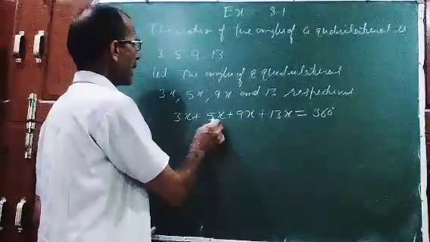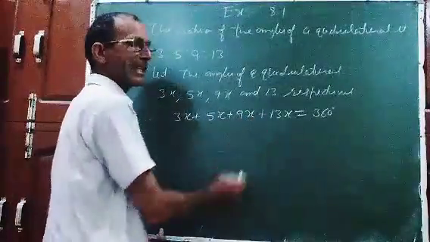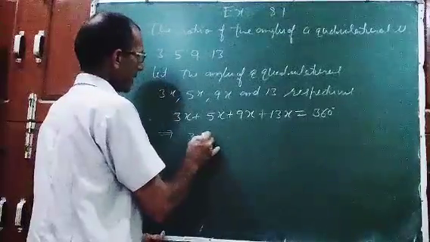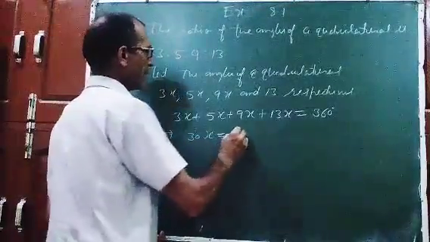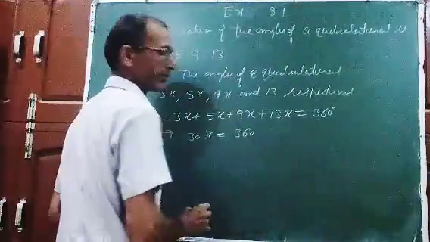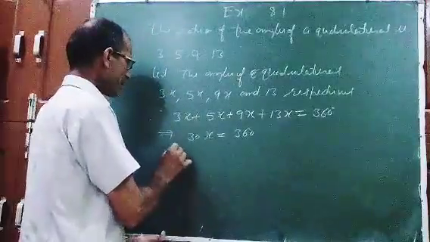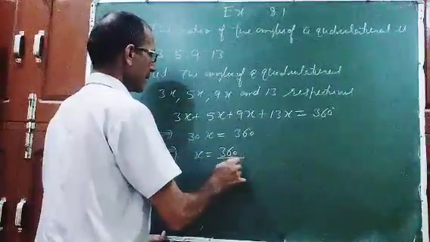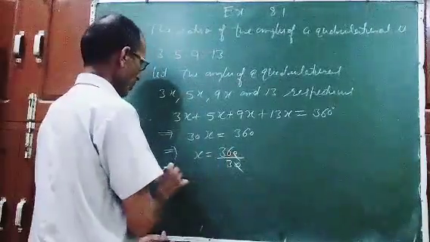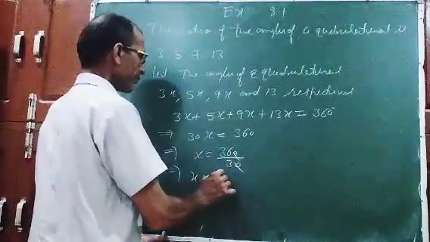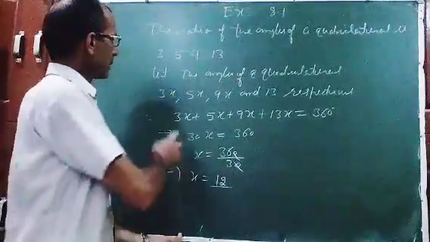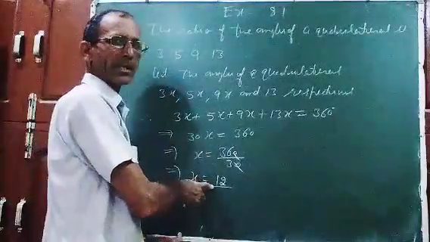Now 3 and 5 is 8, 8 and 9 is 17, 17 and 13 is 30x. So 30x is equal to 360 degrees. X is equal to 360 by 30. Zero cancels zero, so x will be 12. So the value of x is 12.